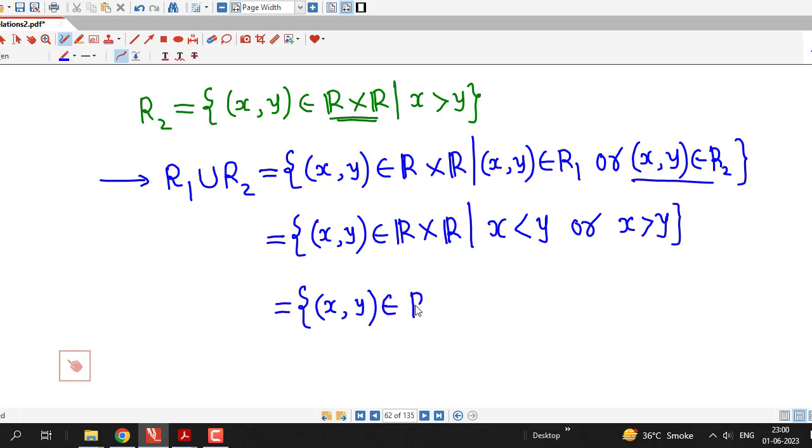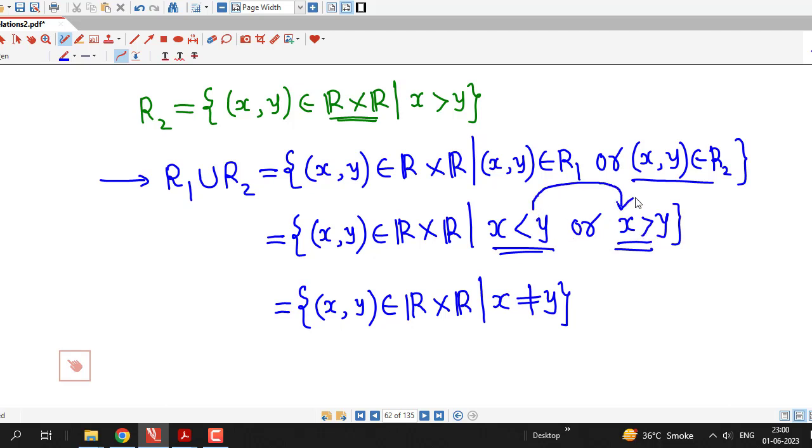Then ordered pair (x, y) belongs to R1 union R2. So x is less than y or x is greater than y, that we can combine as x is not equal to y.